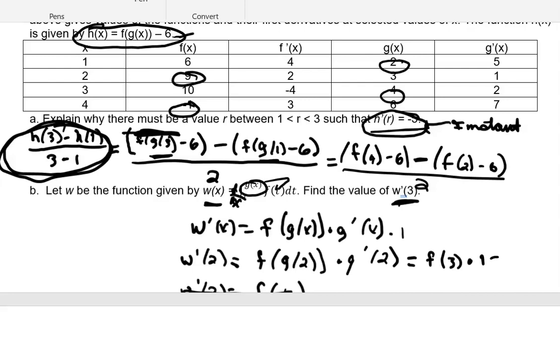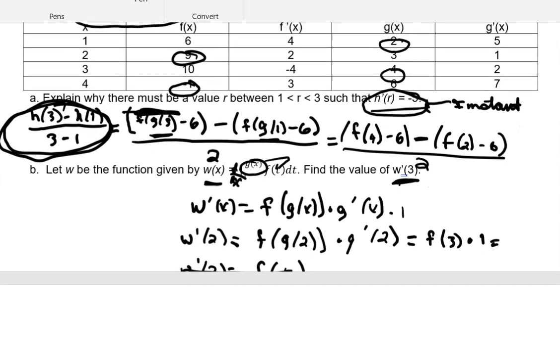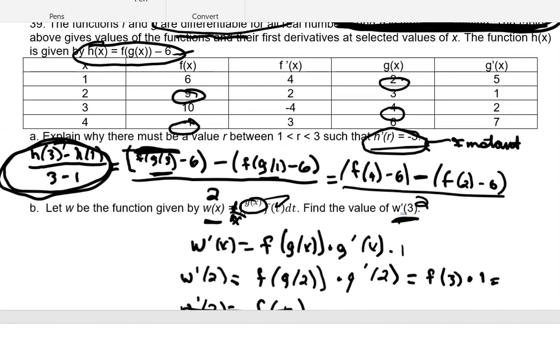So final answer, f of 3. Where's f of 3? So g of 2 is 3. Okay, you probably caught my mistake. Sorry.